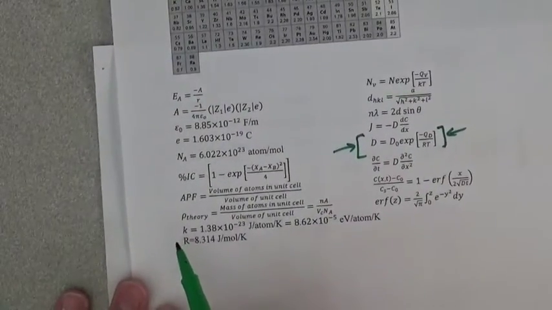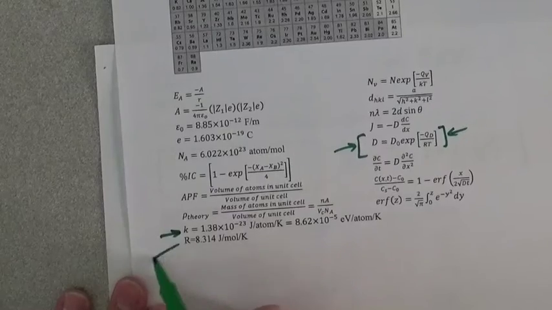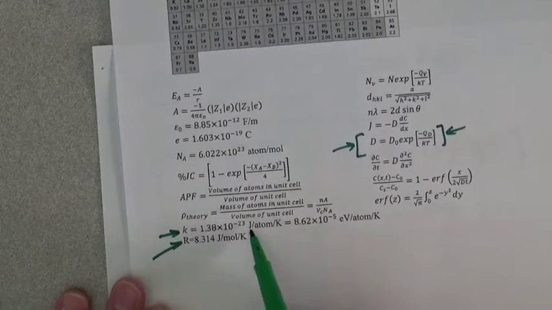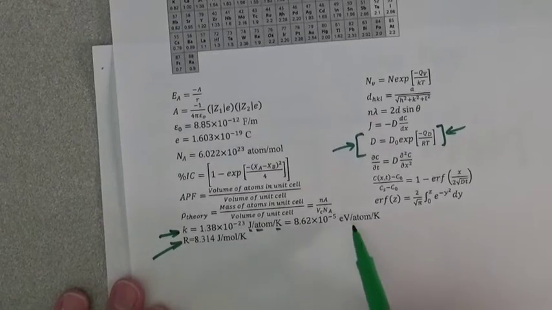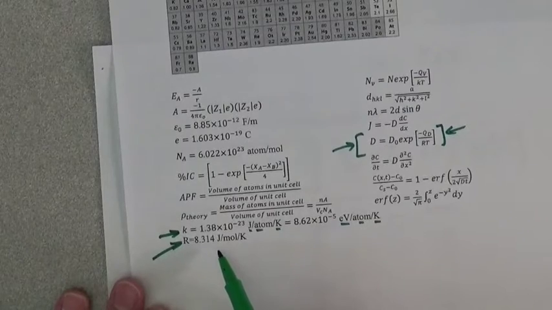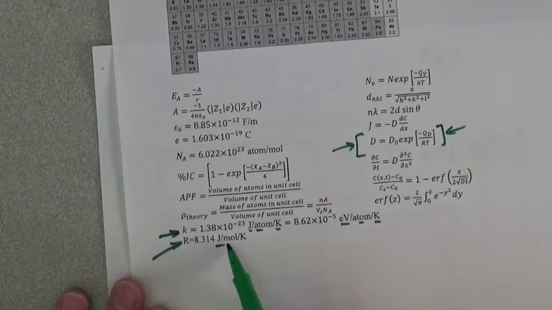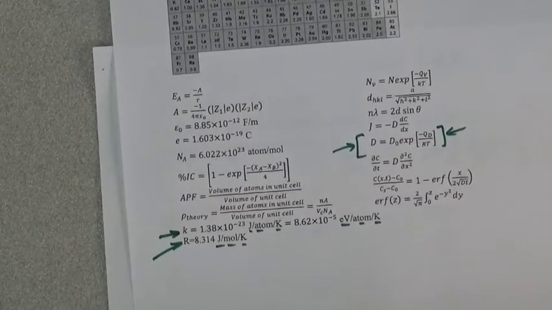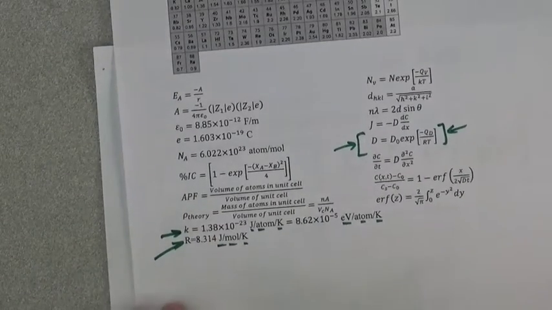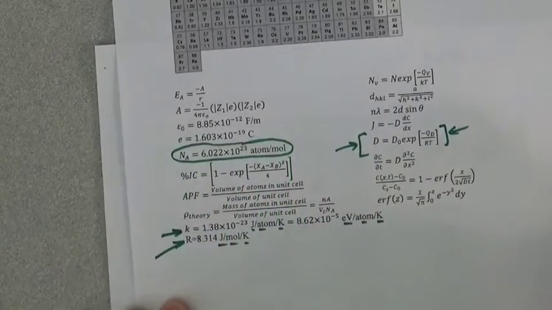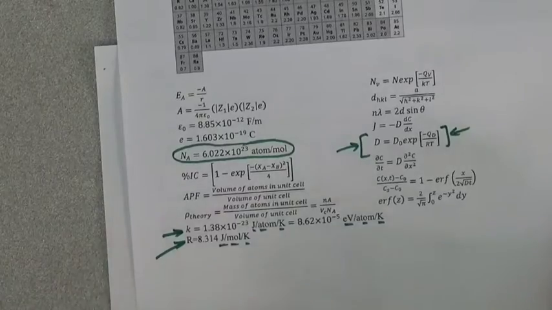Remember, the only difference between the Boltzmann constant and the gas constant is the units, where the Boltzmann constant is joule per atom per K or eV per atom per K. The gas constant is energy per mole per K. So you can relate the two by Avogadro's number if you need to do that. But for this problem, we don't need to.